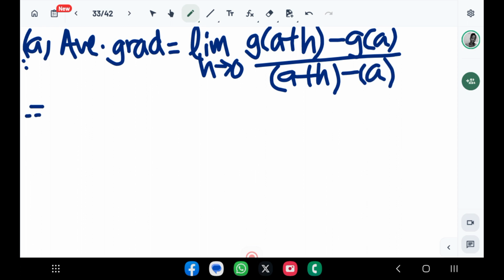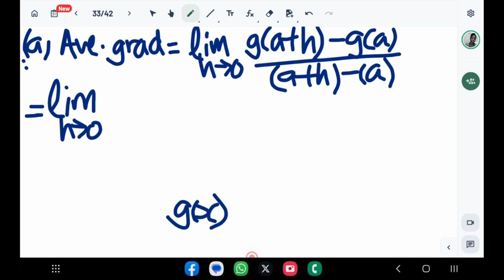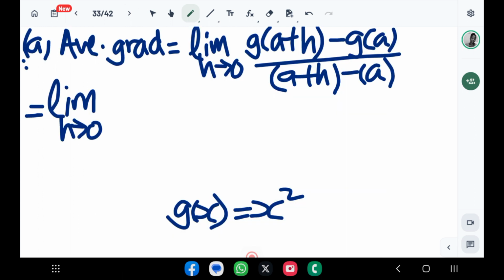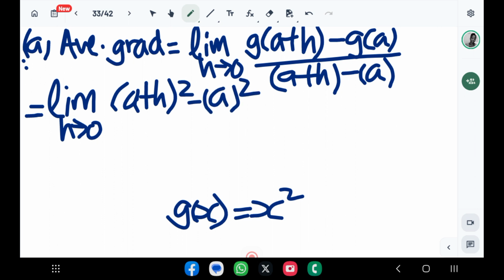Which is equal to the limit as h tends to 0 of, we know that g of x equals x squared. Let's just double check that. Yes, equals x squared. So g of a plus h will be a plus h all squared minus a squared, all over h.